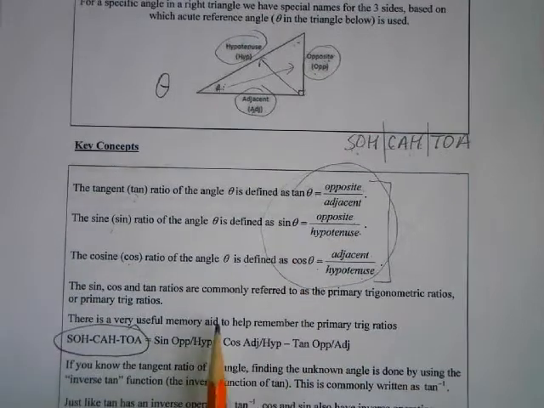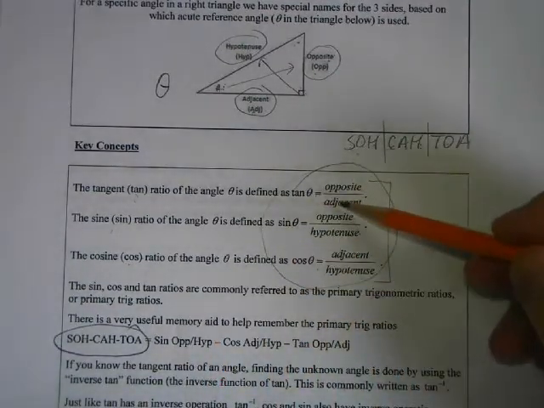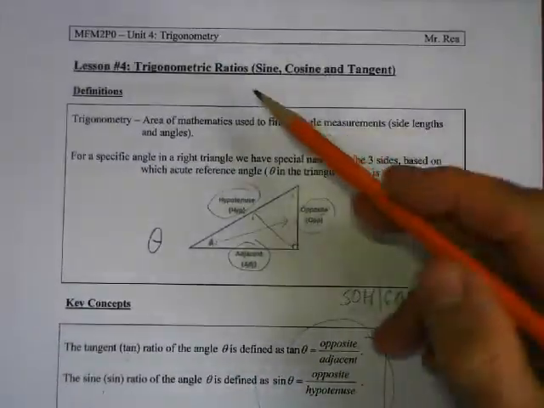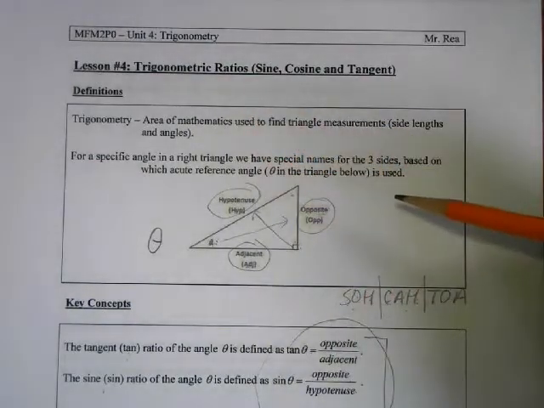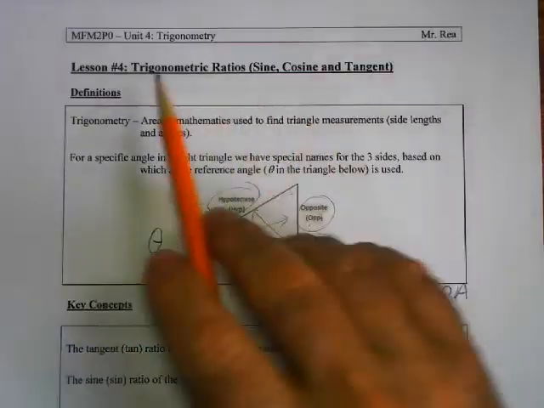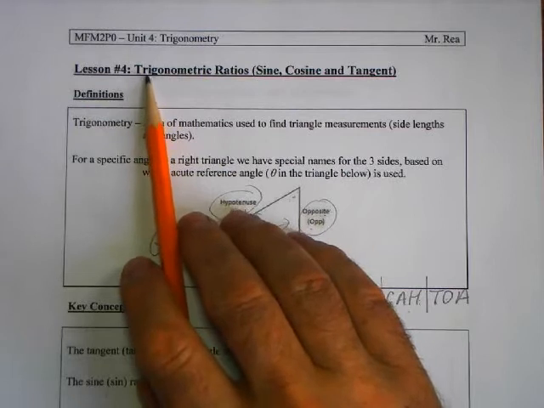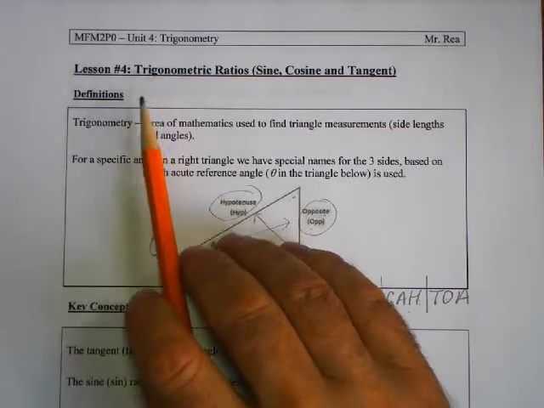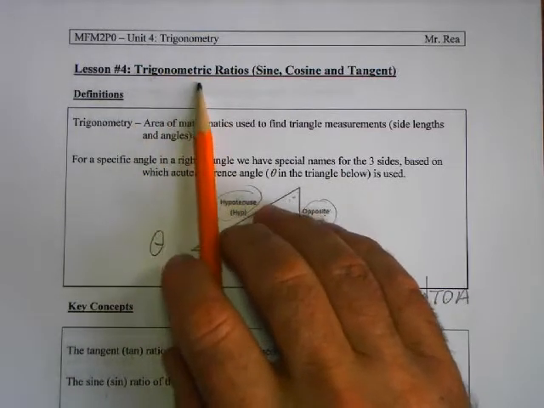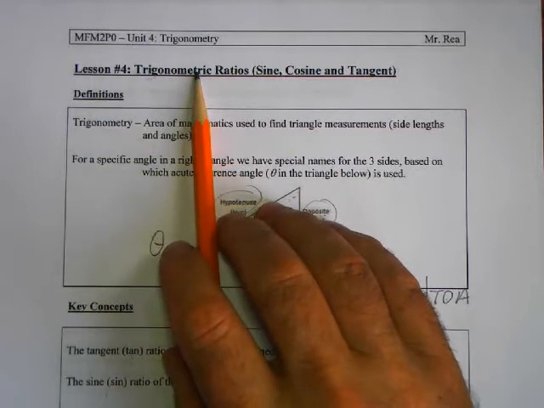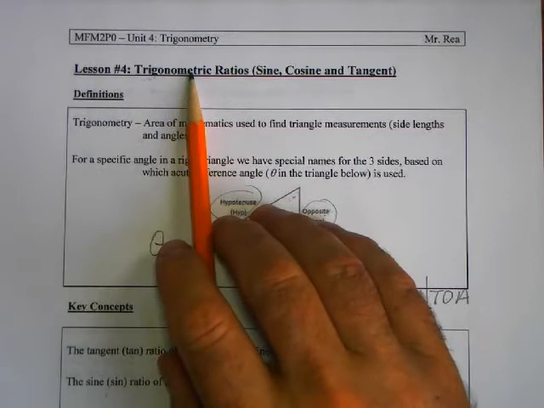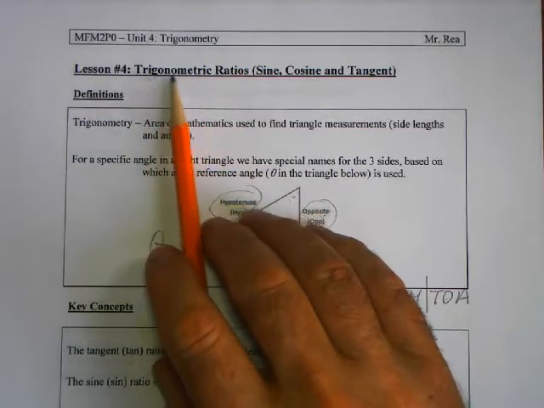That allows you to remember these three ratios and then use them in calculations. We call these three ratios the trigonometric ratios, and that's the title of this lesson. Remember the word trigonometric: it means the measurement of information in a triangle, finding the measurements of the three sides and the three angles.